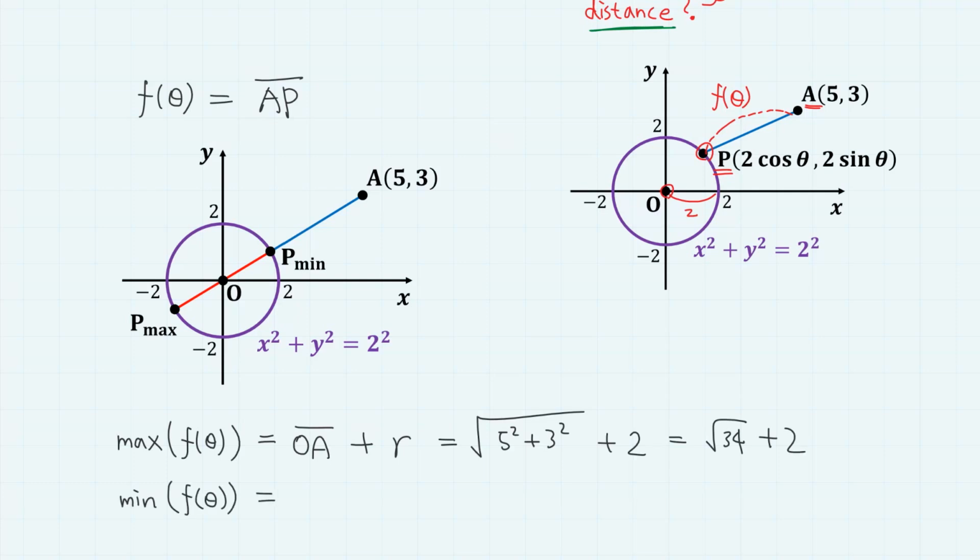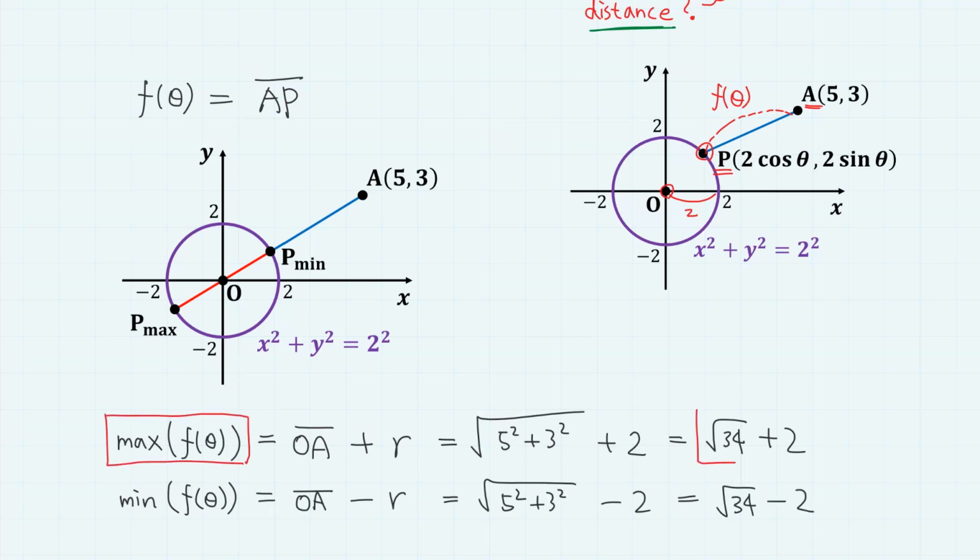And the minimum value is the distance between point A and the center of the circle O minus the radius R. So it is square root of 5 squared plus 3 squared minus 2, hence square root of 34 minus 2. So we have found the maximum and minimum values.